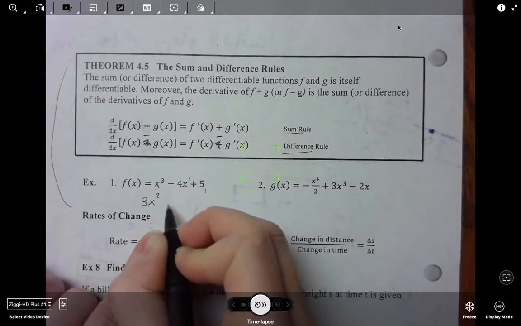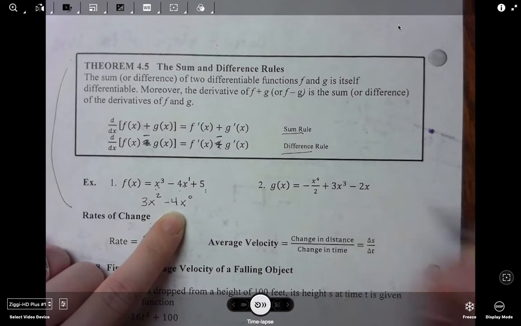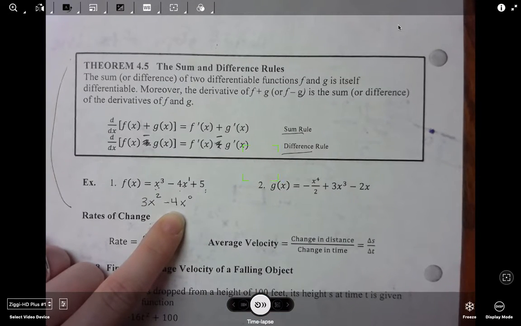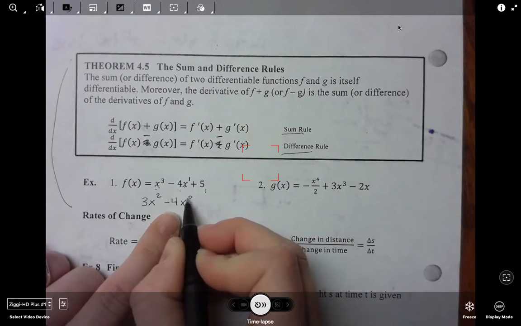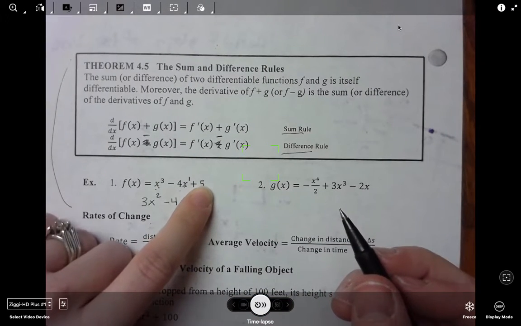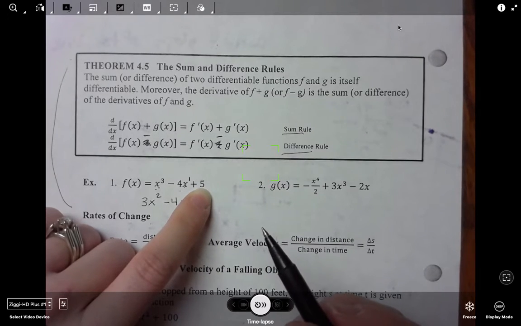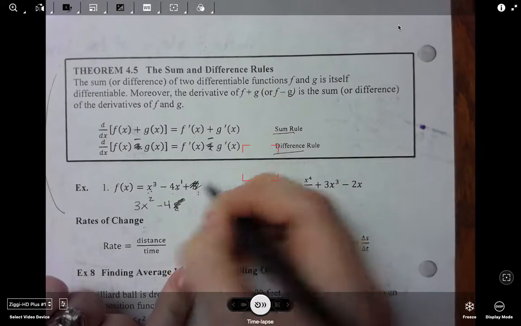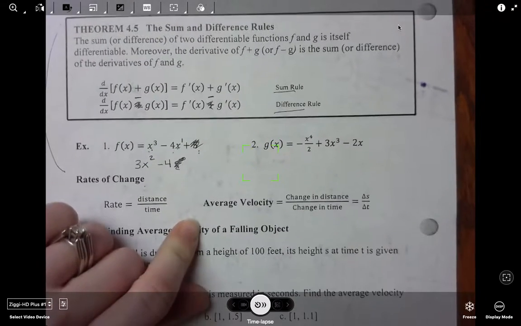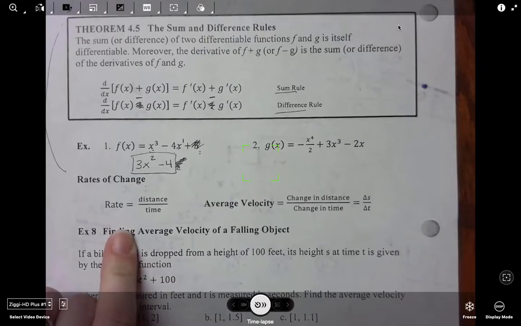Negative 4 times 1 is still just negative 4, and now I have x to the 0 power, which is just 1, so it basically goes away. And the derivative of 5, our very first rule says that the derivative of a constant is 0, so it just goes away. So my derivative is 3x squared minus 4.